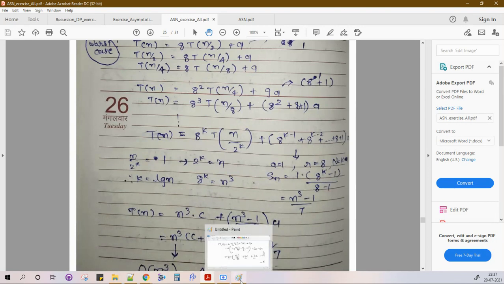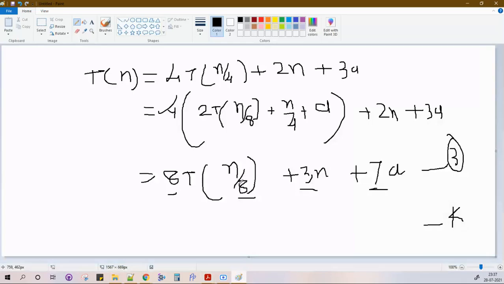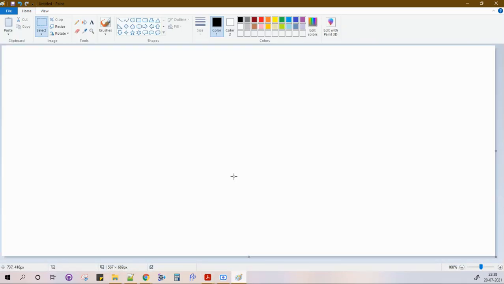Now let me introduce one concept, the concept of geometric progression. If you have a GP, it is always something like this.